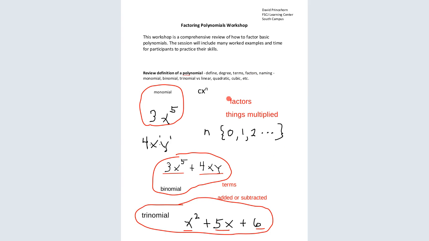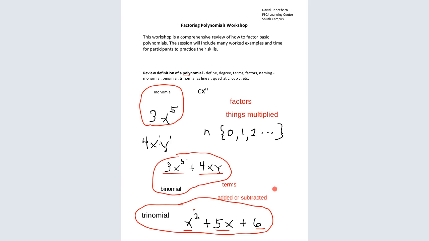Now, one of the things that we can also use to characterize these polynomials is the degree, or to what power, the greatest power, these polynomials are to. And so for this trinomial, we can see it's to the second power. So sometimes we'll call that the second degree trinomial.